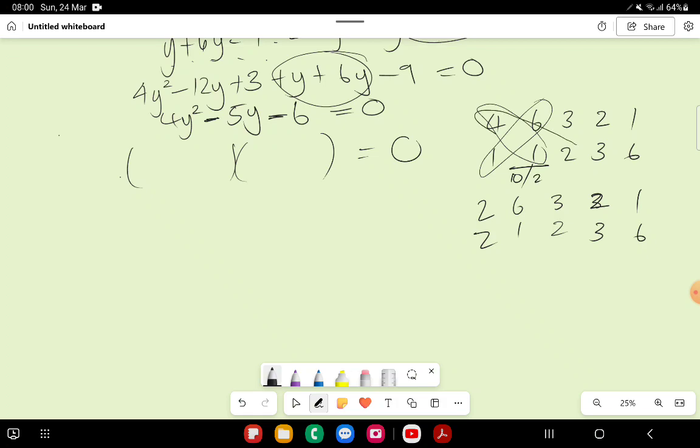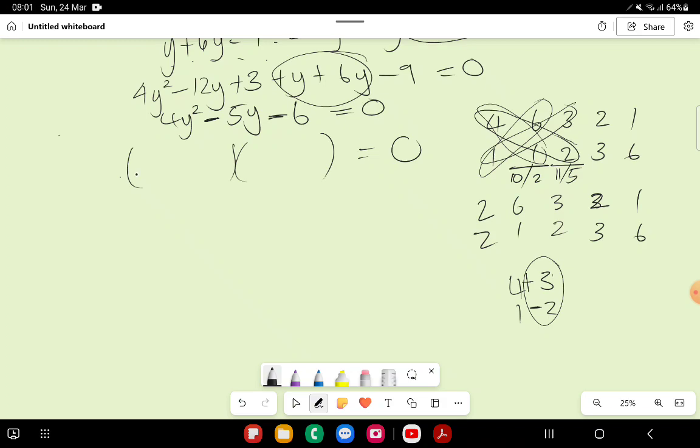Let's do these. 4 times 2 is 8, and 1 times 3 is 3. 8 and 3, if I add them, gives me 11. If I subtract them, gives me 5. So that's what I want to use. I'm going to use 4, 1, 3, 2. I'm going to check the signs to see if it actually works. So 4 times negative 2, so negative 8, and then plus 3 gives me negative 5, and multiply down gives me negative 6.